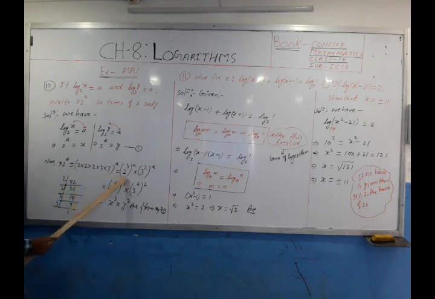So you may write 2 to the power 3, whole to the power a, and 3 to the power 2, whole to the power a. Even you can write 2 to the power a, whole to the power 3, and 3 to the power a, whole to the power 2. So replace 2 to the power a with x and 3 to the power a with y. This expression has come from equation number 1, and this is your answer.